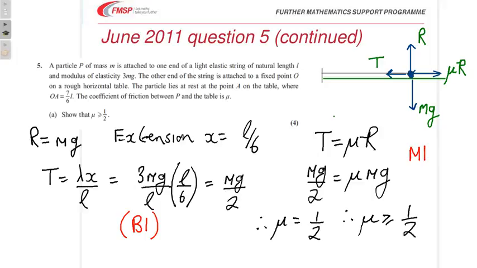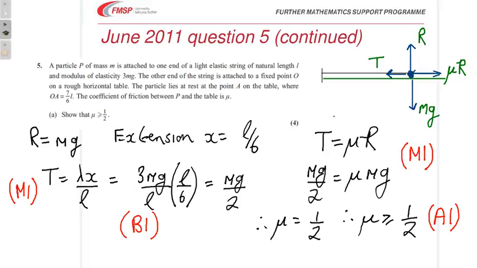So there's a method mark for using Hooke's law, and a method mark for saying that the friction is limiting, and then 2 other marks, and that's the 4 marks.